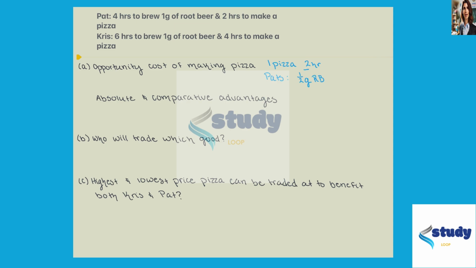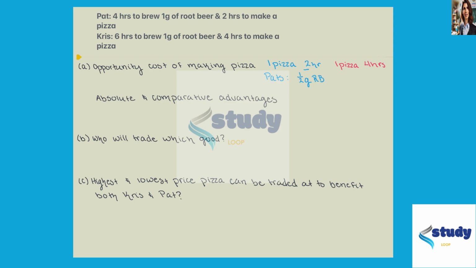Now let's do the same thing for Kris. And we see that Kris takes 6 hours to brew a gallon of root beer and 4 hours to make a pizza. So her one pizza takes her 4 hours. So within those same 4 hours that she spent making that pizza, how many gallons of root beer could she have brewed? Well, it looks like it takes her 6 hours to brew a gallon of root beer.